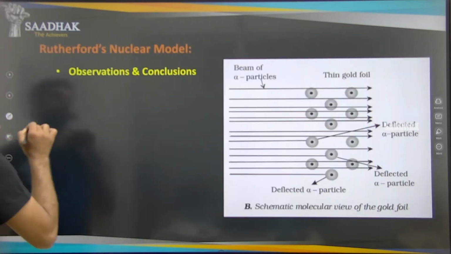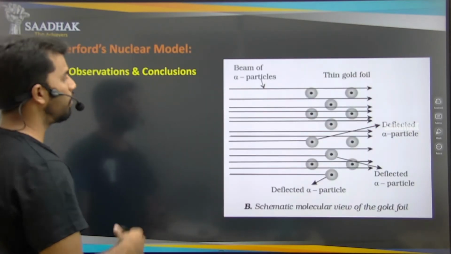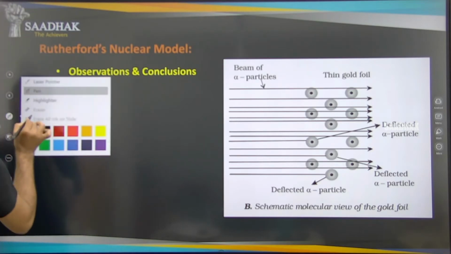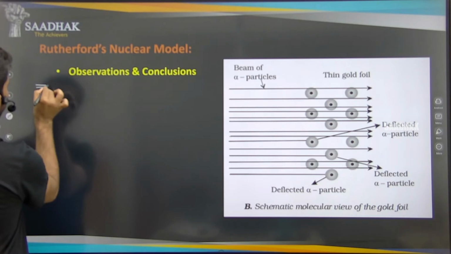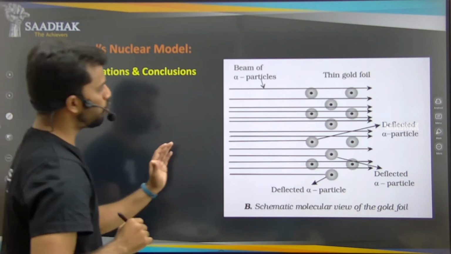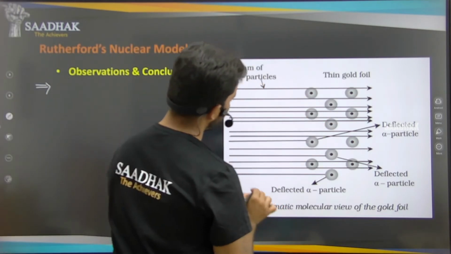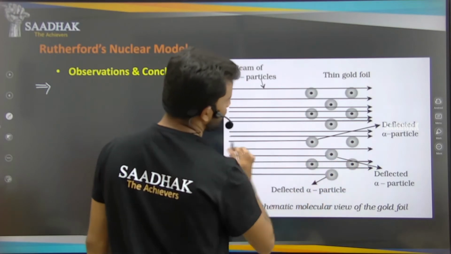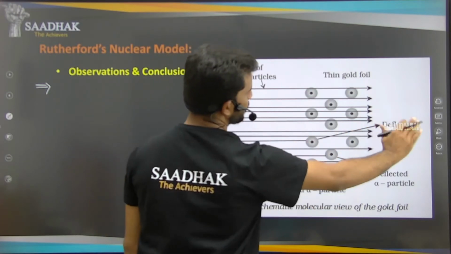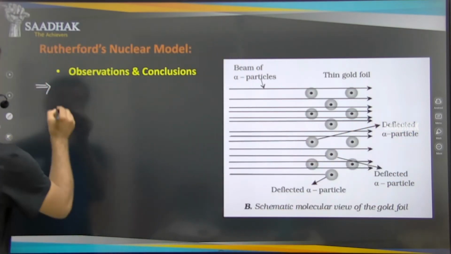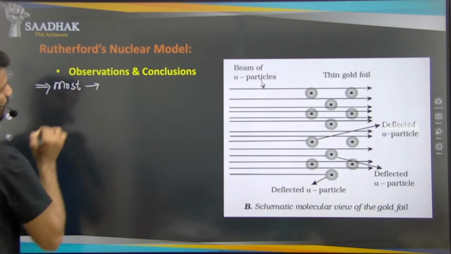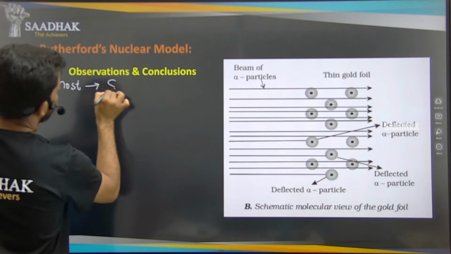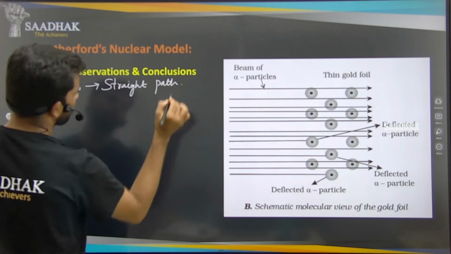Then what are the observations that he made and what are the conclusions? So the first observation that he made in his experiment, the most of the alpha particles, if you can see here, these lines, are traveling straight, right? Means most of the alpha particles are traveling in a straight path, means no deflection.